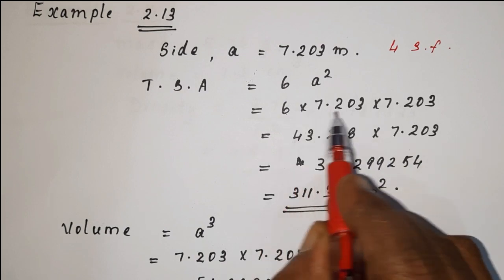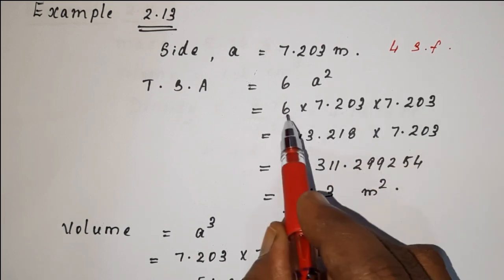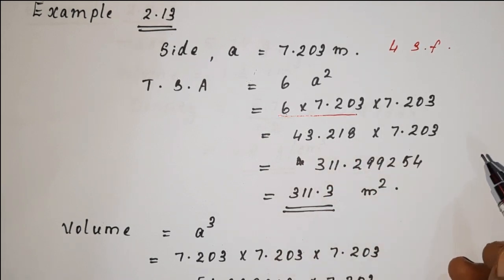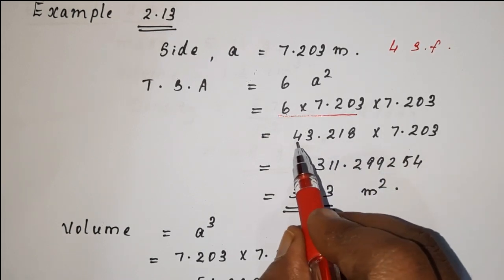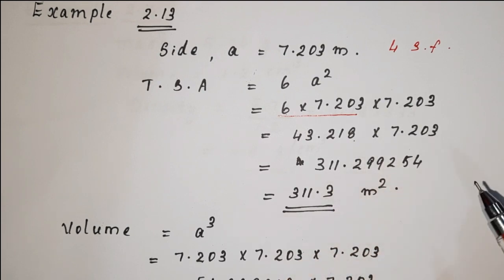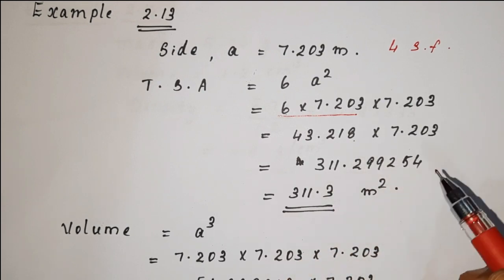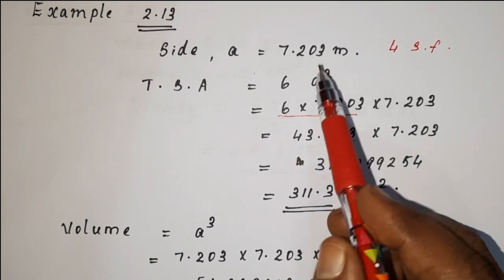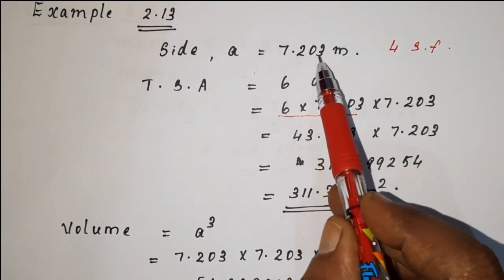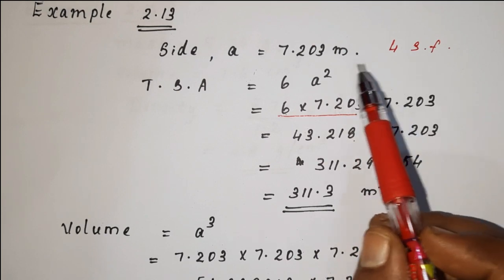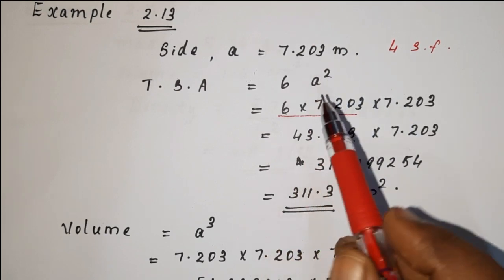So we have 6 into 7.203 into 7.203. This is a multi-step calculation. First you do 6 into 7.203. Doing that, you will get 43.218, that into 7.203. Here that multi-step calculation rule is to be applied. As per the rule, since in the measurement only 4 significant figures are there, in the final answer also there should be 4 significant figures.